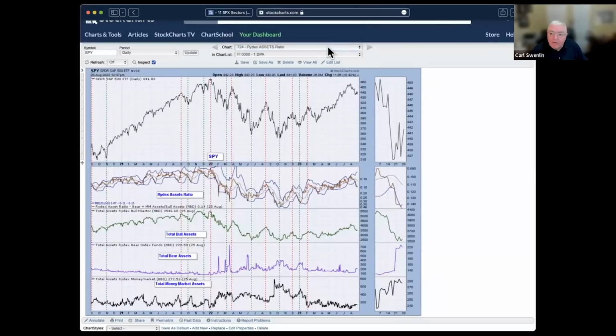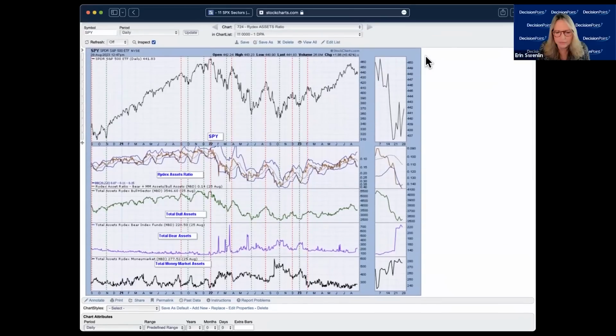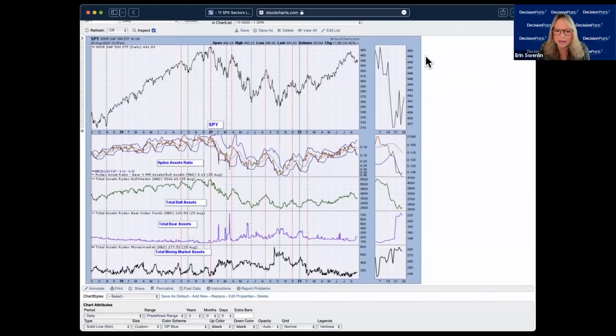I think that's a very good indicator for that kind of thing. This is kind of a side one too that we use, which is the Rydex assets ratio. And it does give us the total assets in their bull and sector funds.